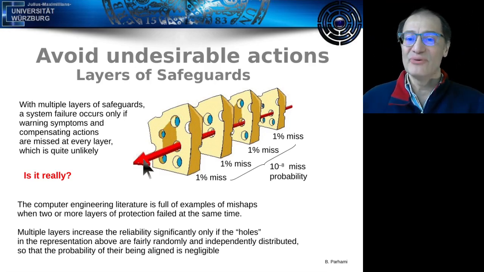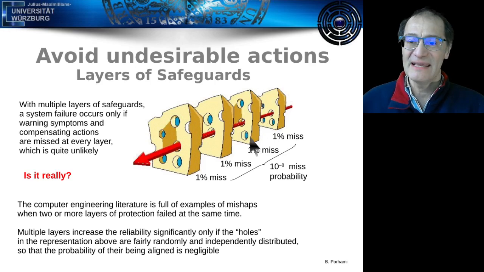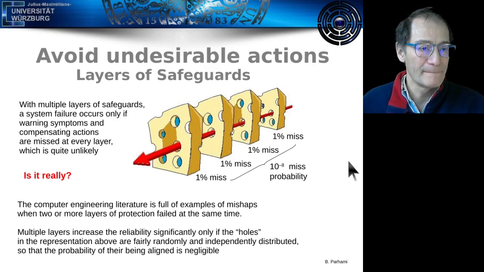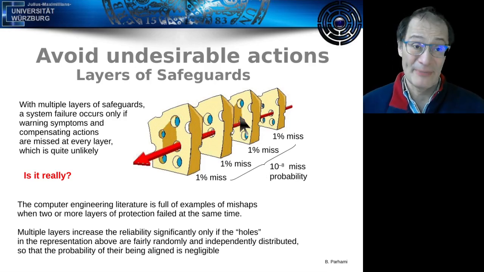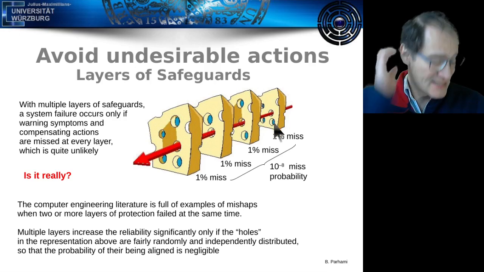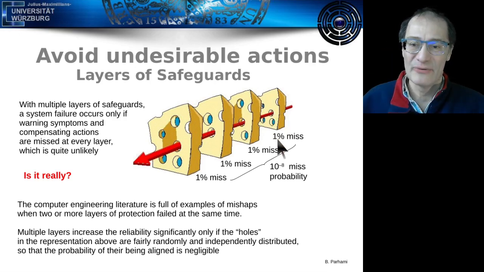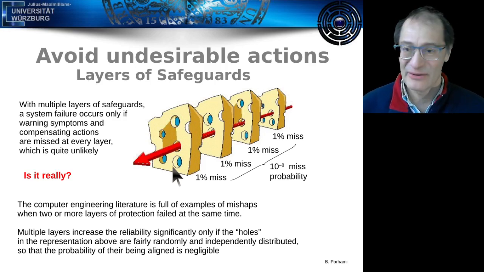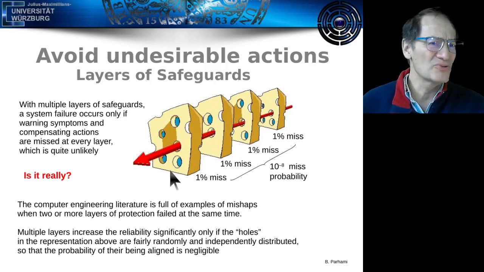Let's say if you have only 1% of miss here, and 1% here, and 1% again, after 4 layers of protection you have 10 to the power of -8 probability of not recognizing the error. And this is a very low probability. For example, 1% means 10 to the power of -2, and squaring this gives 10 to the power of -4, then -8, and -16. So the probability of this miss going through all layers shall be almost impossible.